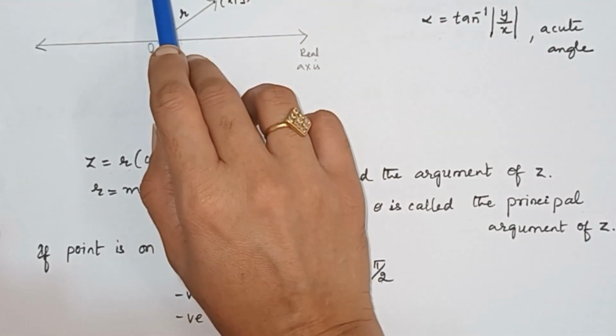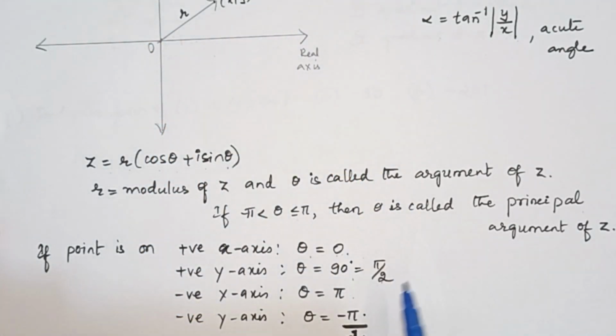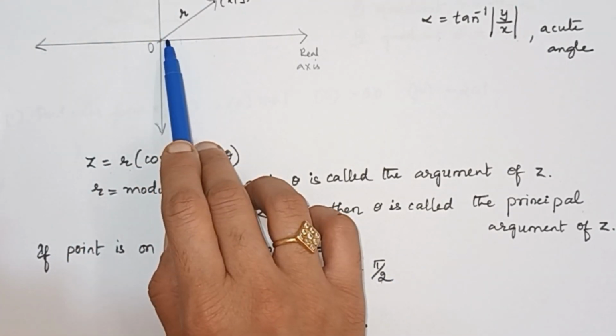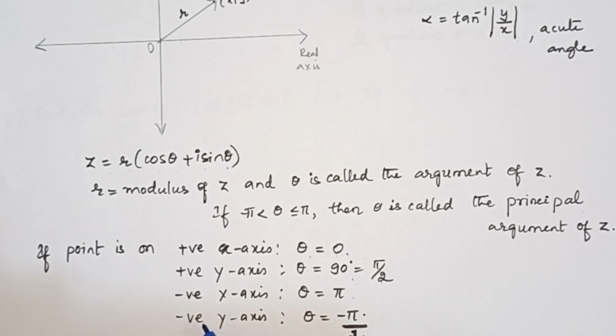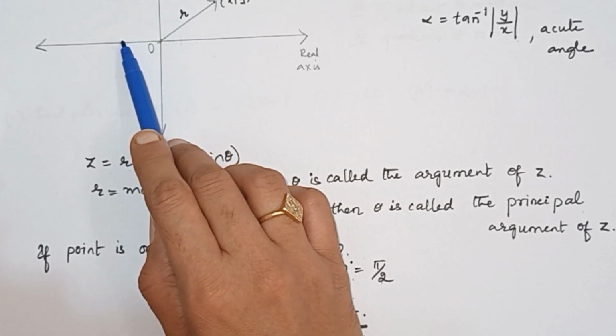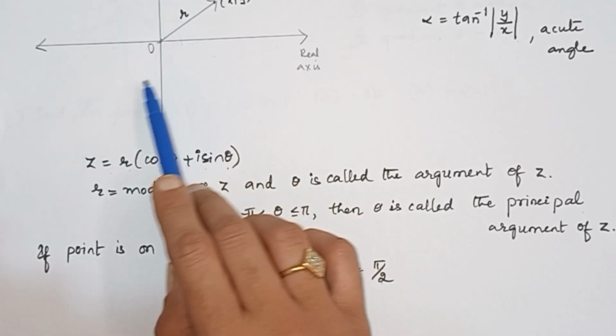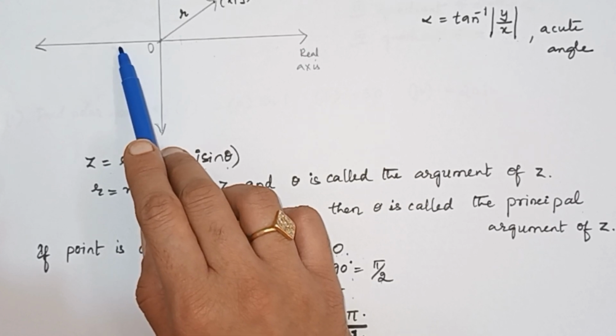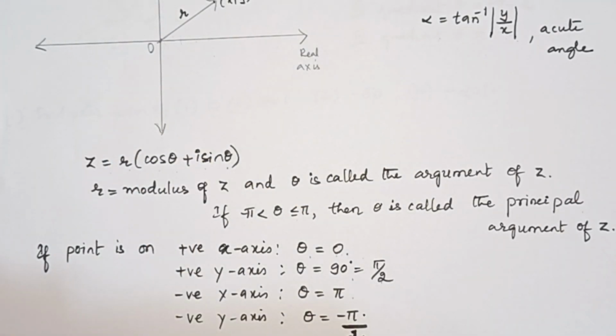On the positive y-axis, the principal argument is pi by 2 or 90 degrees. On the negative x-axis, theta equals pi, and on the negative y-axis theta equals minus pi by 2. That means for the first two quadrants go in the anticlockwise direction, and for the remaining two quadrants go in the clockwise direction.